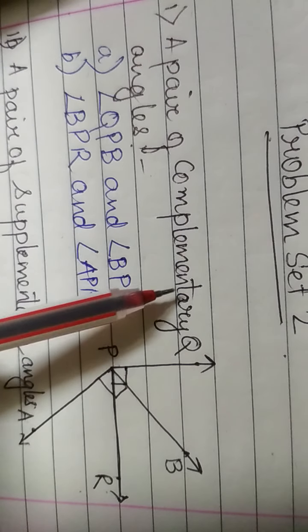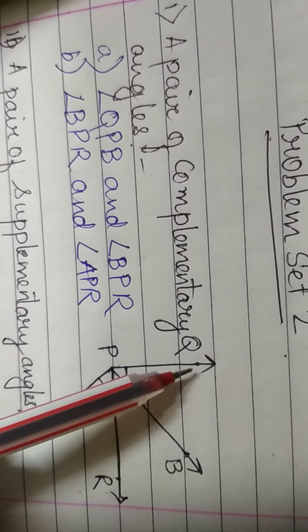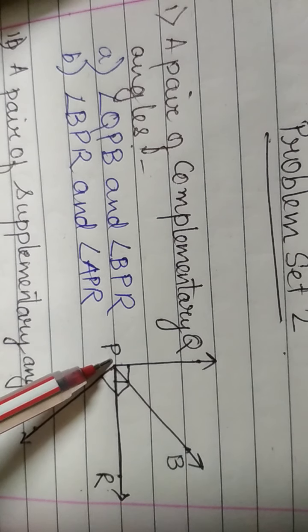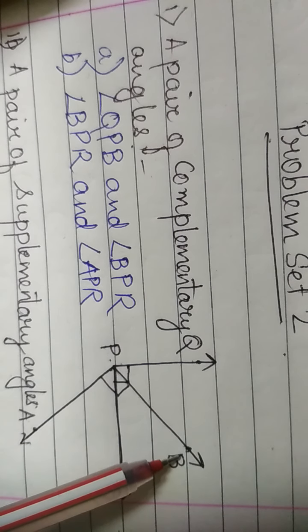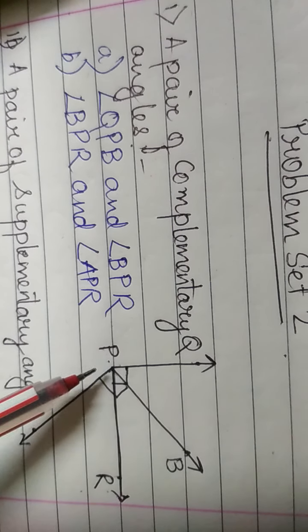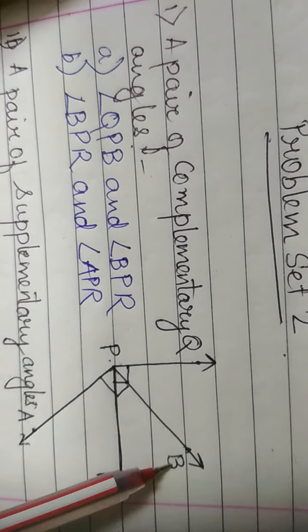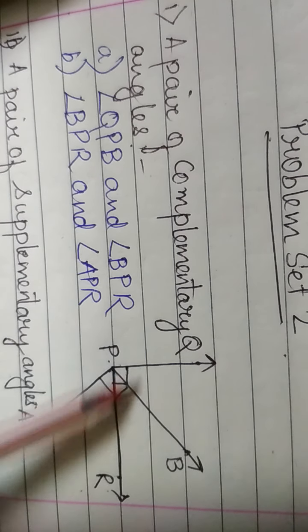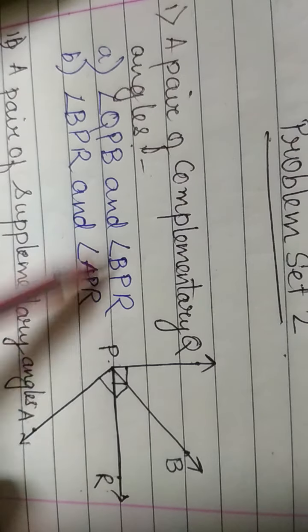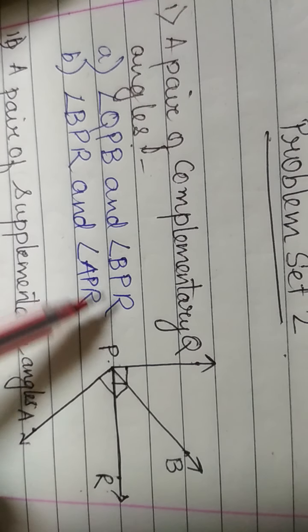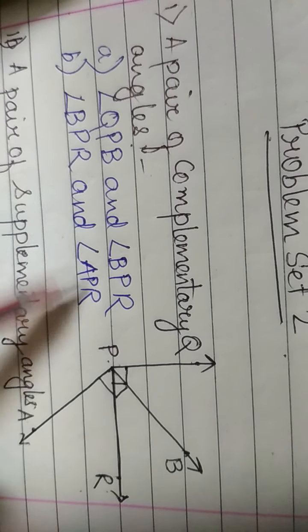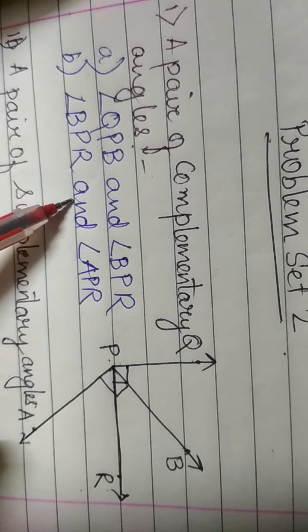Complementary angles means the sum is 90 degrees. Here you can see angle QPB is less than 90, and angle BPR. If these two are added, we will get 90 degrees. So that is a pair of complementary angles. In a similar way, if you add these two, we will get 90 degrees.